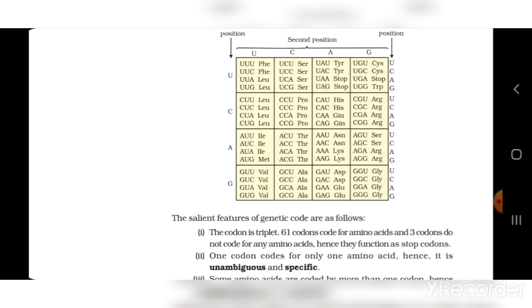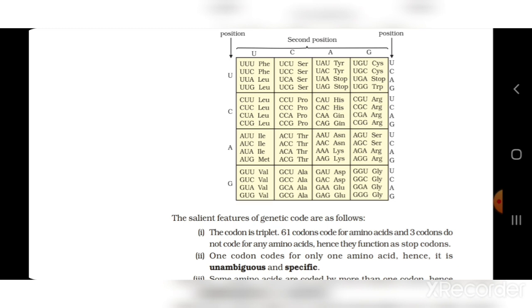So it is very specific, but some amino acids are coded by more than one codon. Hence, the genetic code is also called degenerate. Now, triple U was always phenylalanine, but UUC is also phenylalanine.